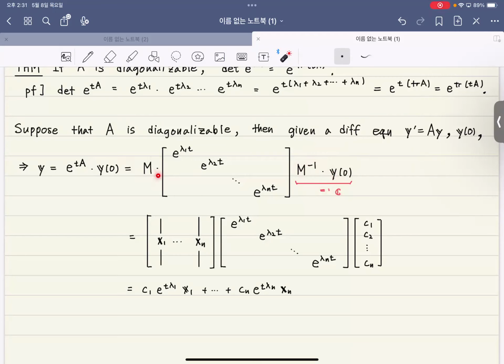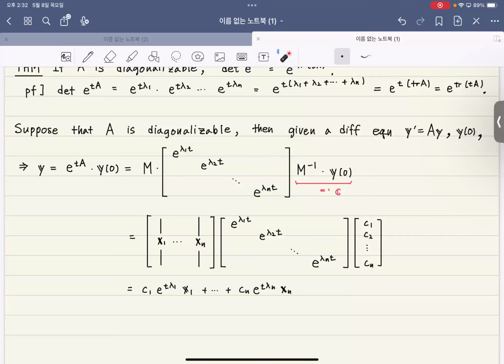And the columns of this matrix M are actually the eigenvectors of the matrix A, right? So I am writing down like this. And this column vector c, which I will denote from c1 to cn. And we all know that expanding this gives c1 times e to the t times lambda 1 times the first eigenvector x1 plus cn times e to the lambda n t times the last eigenvector xn.